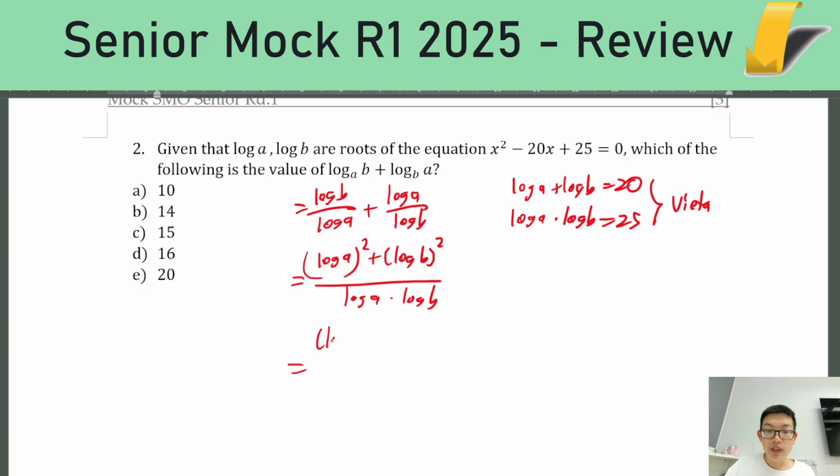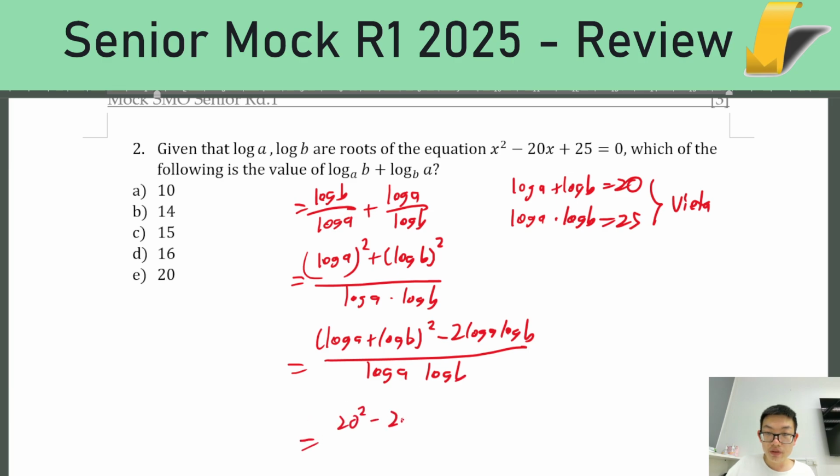So you get log A plus log B squared minus 2 log A log B over log A log B, and then just substitute in the values. Okay, so this is option B.